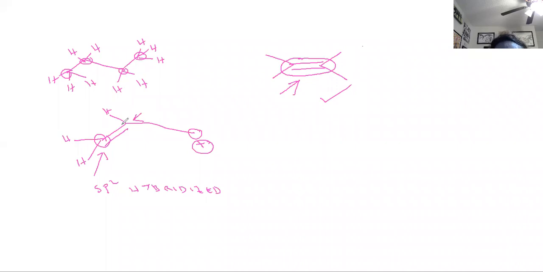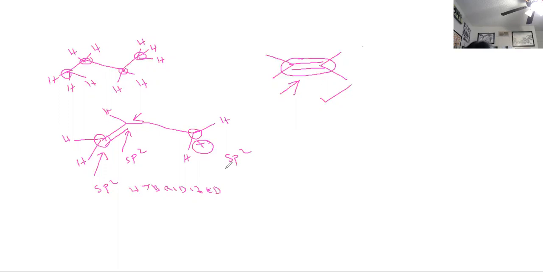We have 1, 2, 3 electron groups. So this one is also sp2. Now let's look at this final carbon over here. This final carbon is deficient 1 electron. So we know that it's going to have just 2 hydrogens. It's not that it doesn't have that p orbital. The p orbital is just empty. These two carbons have p orbitals, but this p orbital is actually empty. But we can still say it's sp2 hybridized.